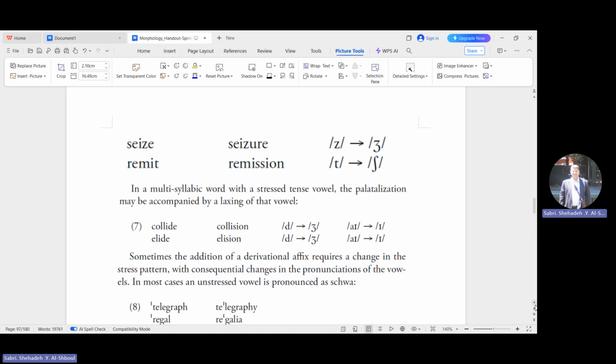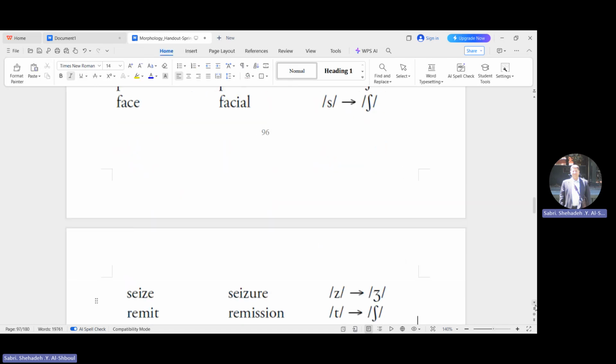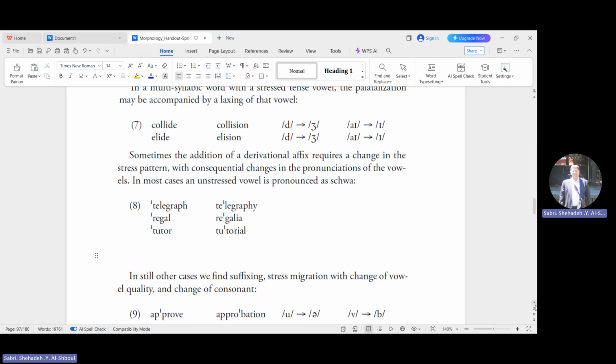Elide, elision, the same. We have a kind of palatalization pushing the word to maintain short vowels, a laxing of that vowel.